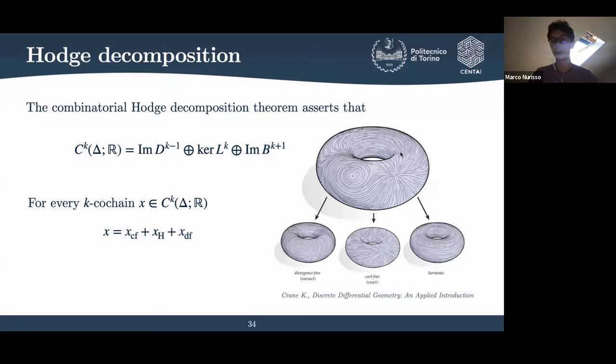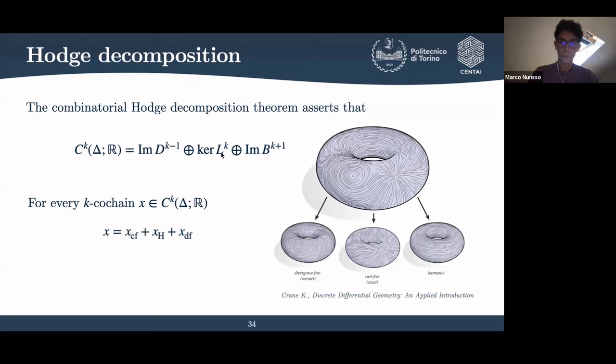It is telling you that you can take any vector field on a manifold and write it as the sum of a divergence-free vector field, so a vector field with no sources nor sinks, a curl-free component which has no circulation and only sources and sinks, and then a harmonic component. And the harmonic component wraps around and is localized around the holes, the k-dimensional cavities of the simplicial complex. This comes from the fact that the kernel of the Hodge Laplacian is isomorphic to the kth homology group of the simplicial complex, or the kth de Rham cohomology group in the case of manifolds.